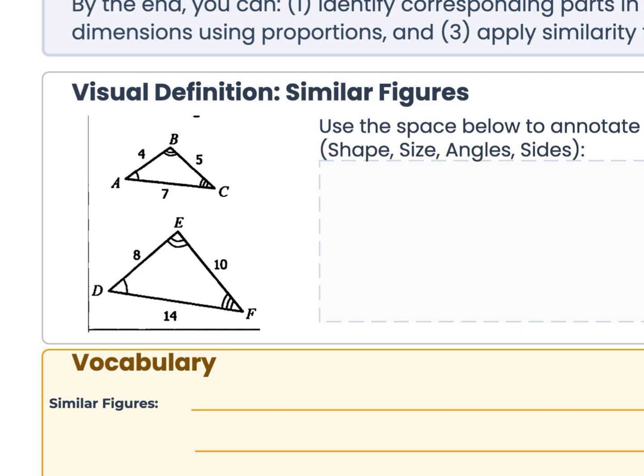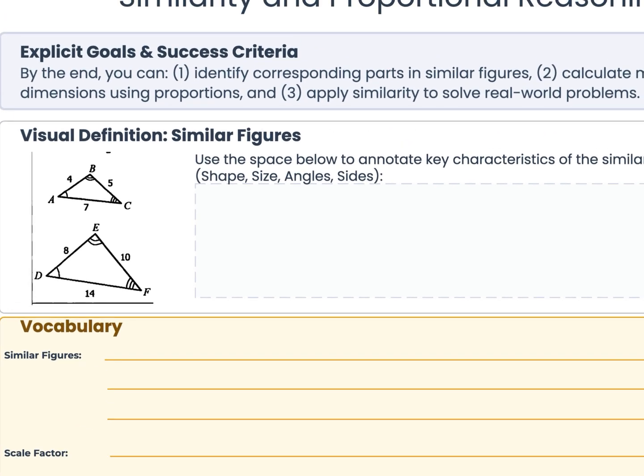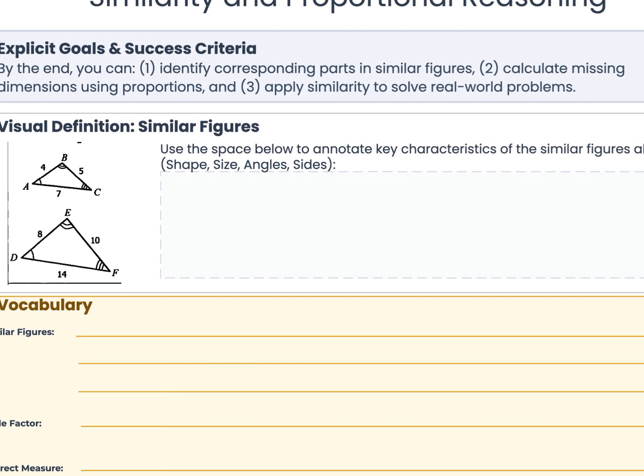What you're going to notice about them is that similar figures are going to have the same shape, but different sizes. So it's almost like you shrunk or enlarged them. They're going to look the same shape-wise, but they're either bigger or smaller.